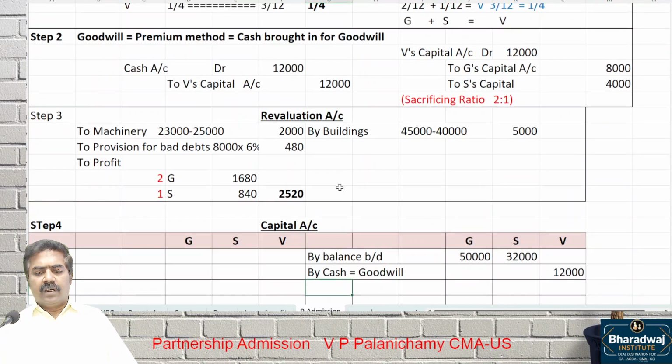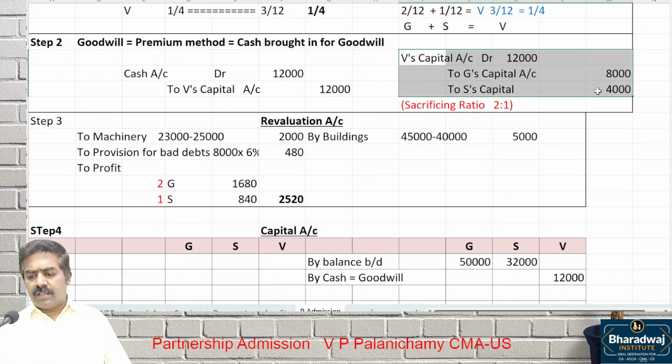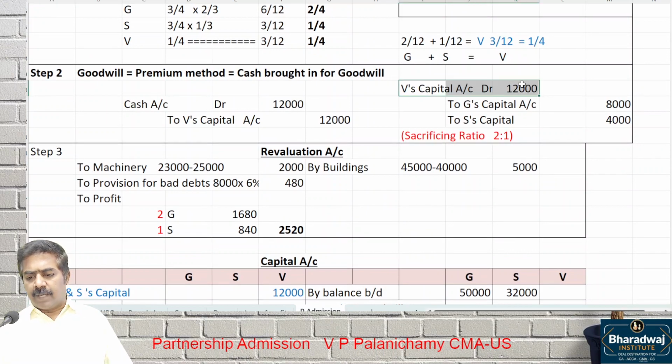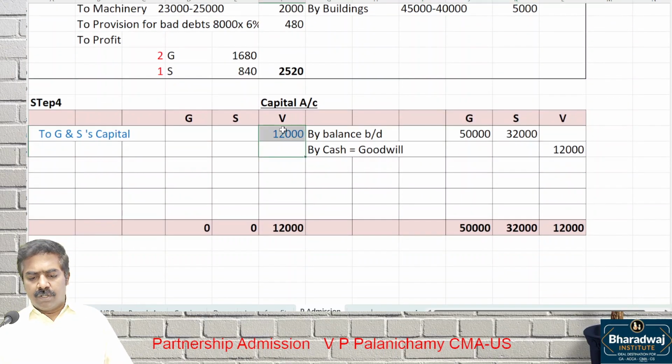12,000. How to post this entry? This is the third question we are doing. On the debit side, you will put to G and S's capital, 12,000. Total B is debited with 12,000. B's capital account debited with how much? 12,000.